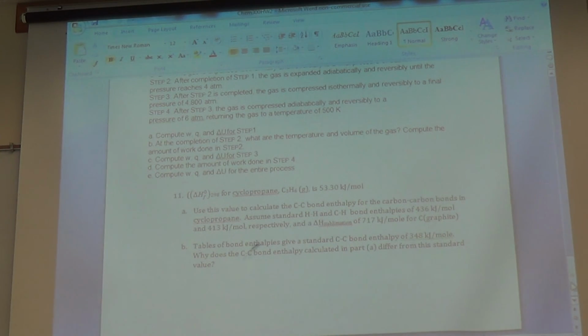So we've got 3 H2 in the gas phase plus 3 times carbon in graphite phase, going on to form C3H6, which is actually a cyclic structure.